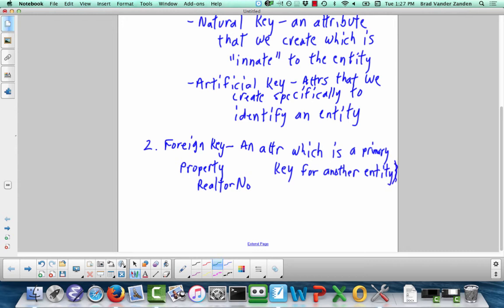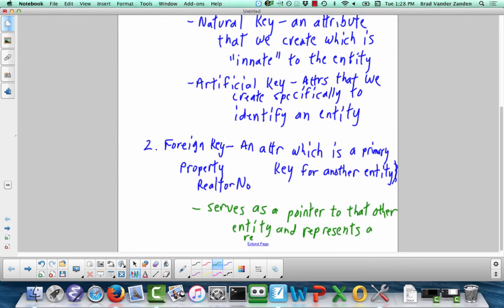A foreign key serves as a pointer to that other entity, and it represents a relationship between the two entities. So once you've identified your relationships, you typically are going to be adding attributes which are foreign keys, so that you can model these relationships.